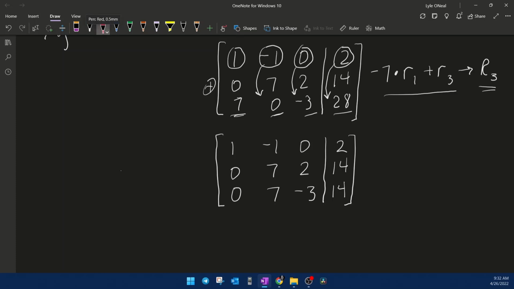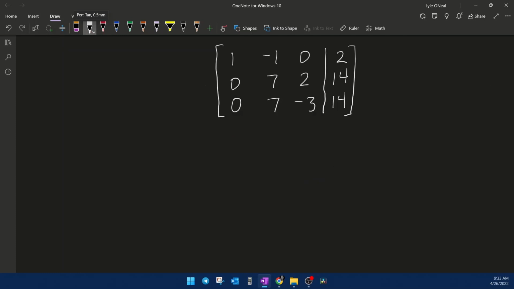The next objective, if we look at where we're at, trying to get to row echelon form, the next thing I need to do is I need to get this 7 to become a 1. And the way we're going to do that is through row multiplication. Now, think about this. I want this 7 to become a 1.